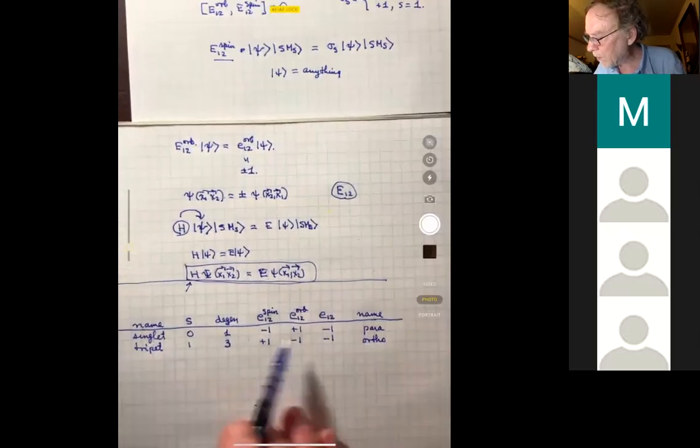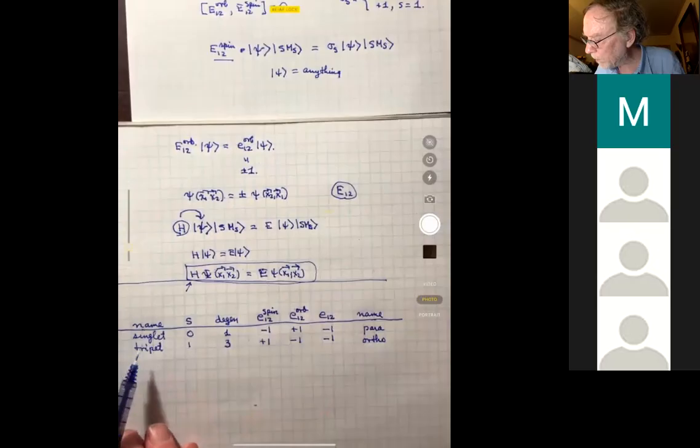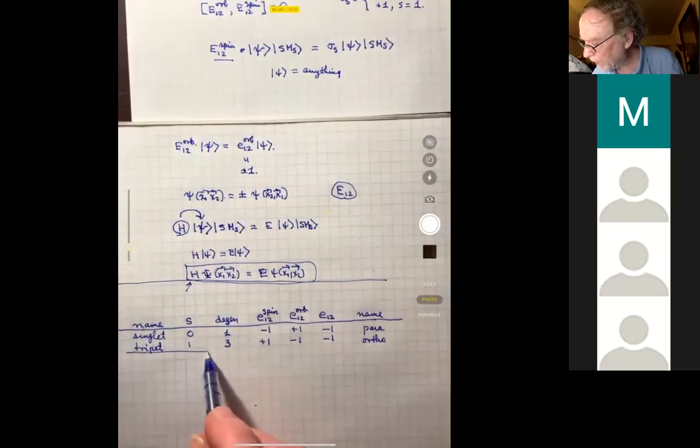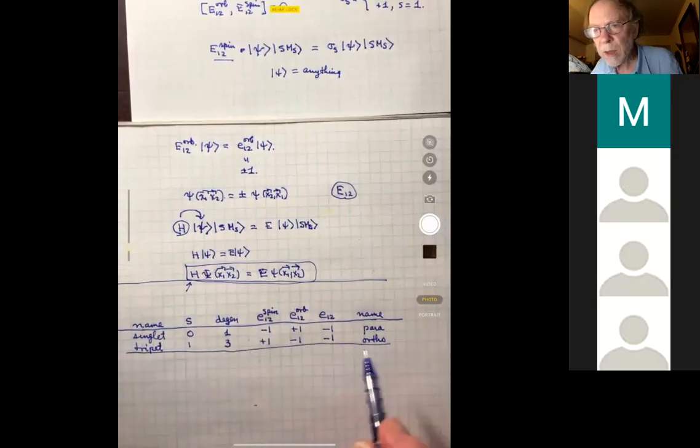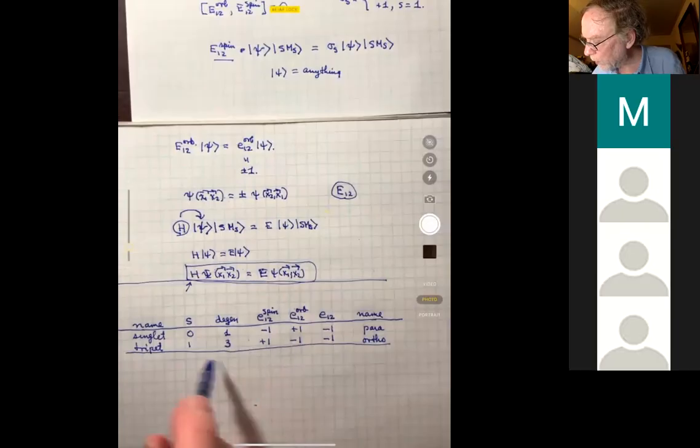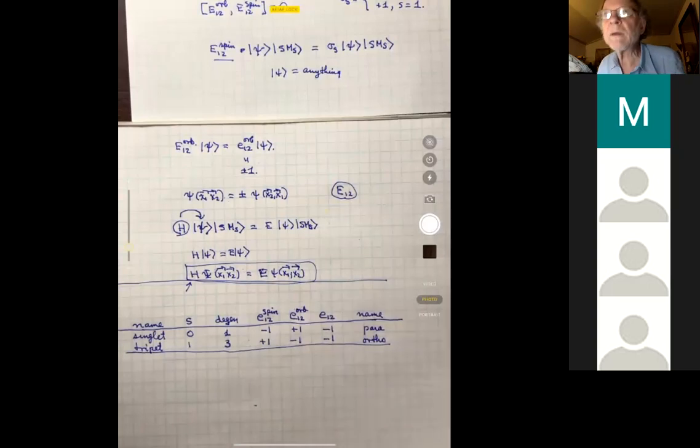But because of the couplings of the quantum numbers, they're connected with singlet and triplet, as this table indicates here. And it's in fact the same coupling that we saw earlier in the hydrogen molecule. All right, so this then is an outline of the connections between the quantum numbers for helium eigenstates.